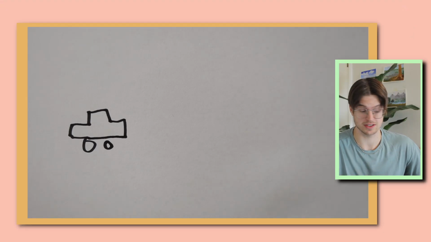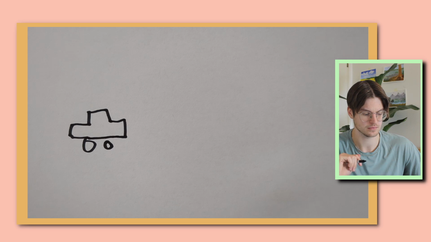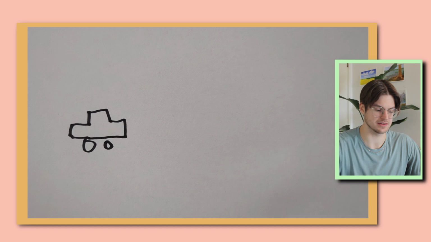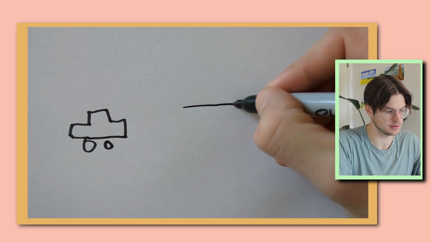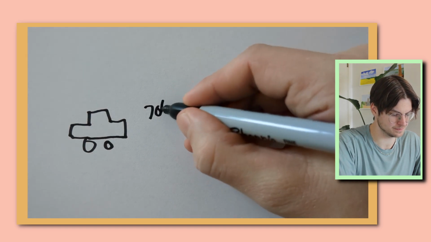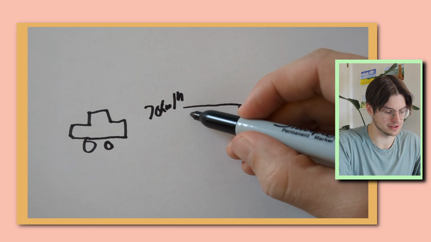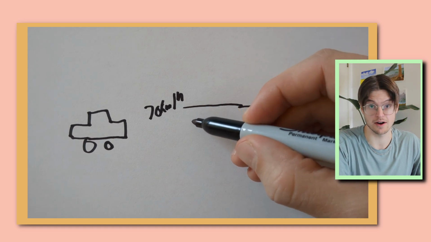Let's do the car example. You want to use the on-off strategy for controlling this car. Essentially what this means is that you're trying to keep a speed of 70 kilometers per hour. Let's say you're below the speed, at 65 or something like this.